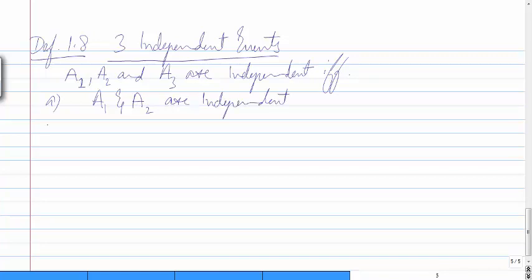This is the first condition. Second, A2 and A3 are independent.